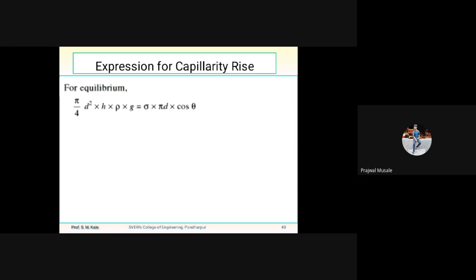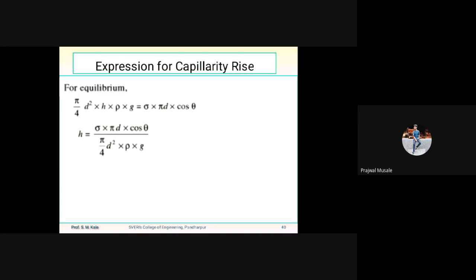By rearranging the terms, the value of h will be sigma into pi d into cos theta on one side, divided by whatever term is along with h, which comes in the denominator: pi by 4 d square into rho g.